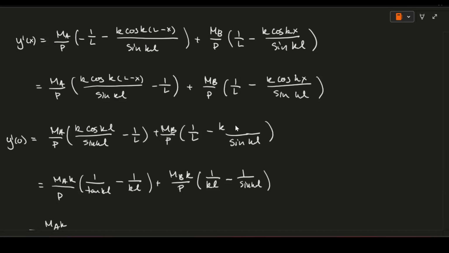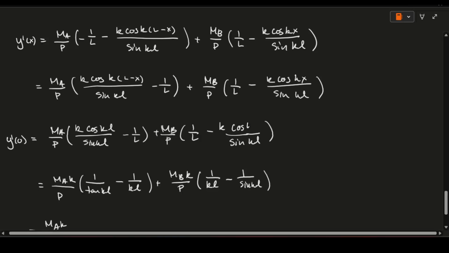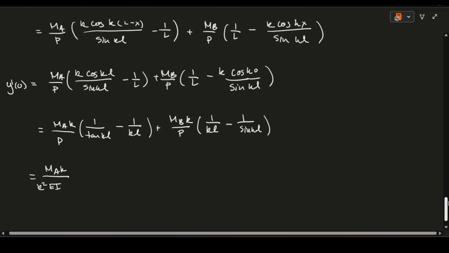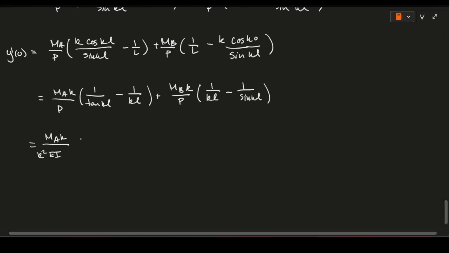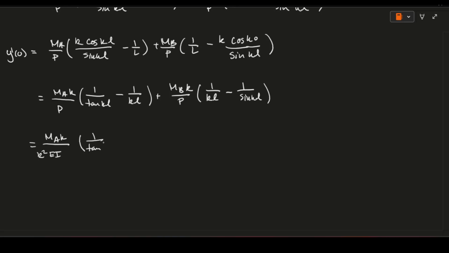This should be K cosine K times 0, which of course is 1. That's why we get this 1 down there. So P is K squared EI. We get 1 over tangent KL minus 1 over KL, plus MB K over K squared EI times 1 over KL minus 1 over sine KL.